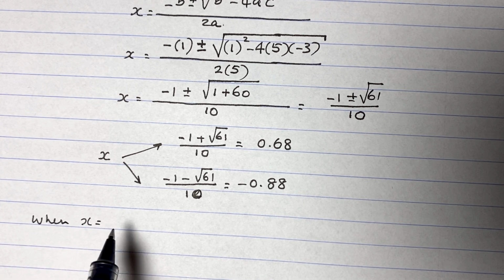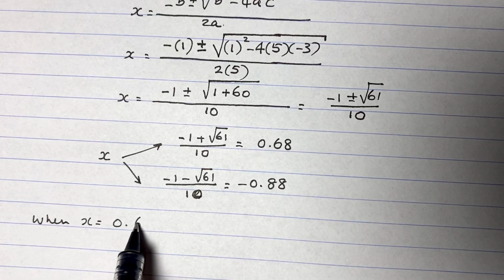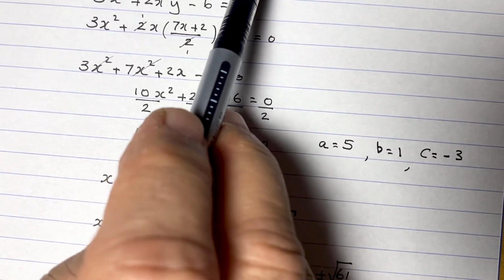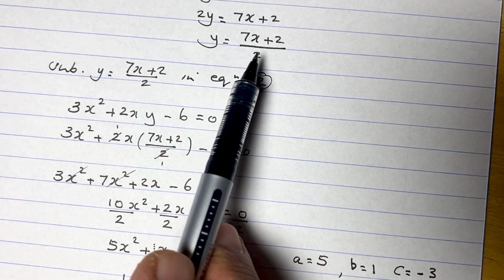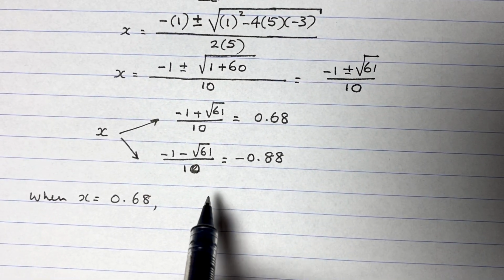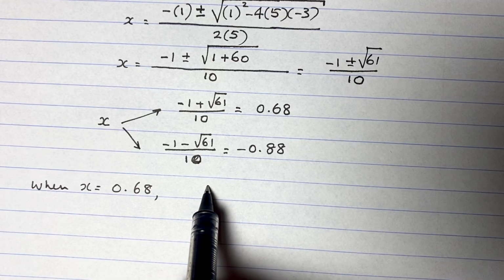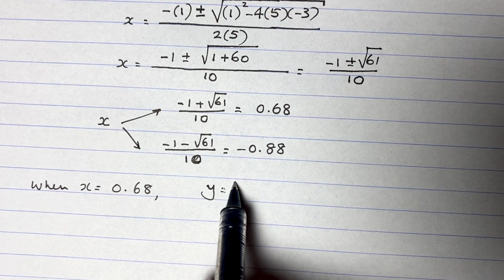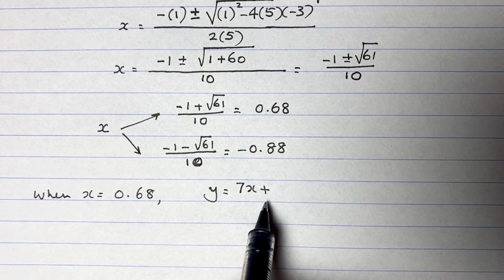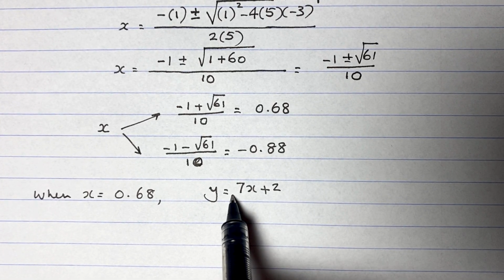When x equals 0.68, look at our substitution. y was (7x plus 2) over 2. I write it here again. y equals (7x plus 2) over 2.